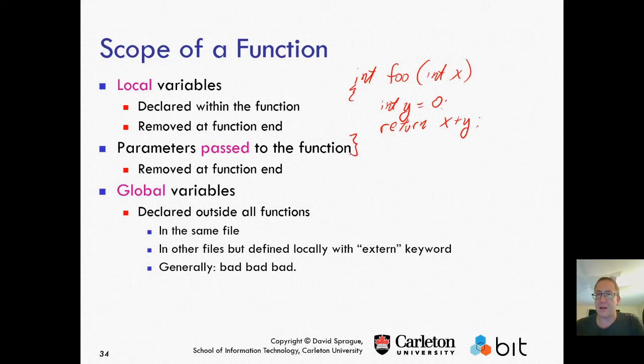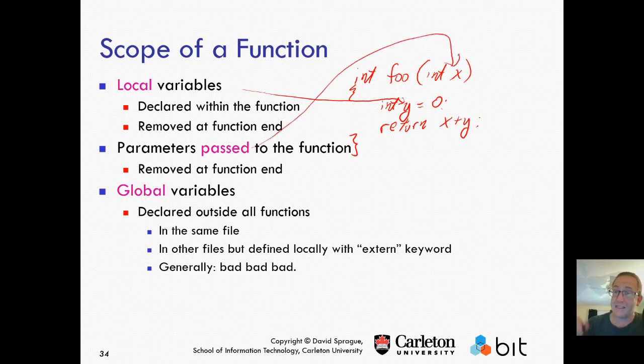I'm going to have another example, but so local variable, that would be this thing here. Parameter is this. It is also just a local variable. The only difference is it gets set automatically. When I call foo, that value of x gets set. It's a local variable, but the value for it gets set.